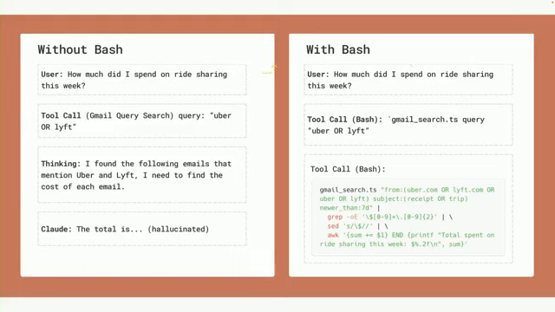Or with Bash, let's say there's a Gmail search script that takes a query function. You can save the results to a file, grep for prices, and then add them together. You can check your work too.